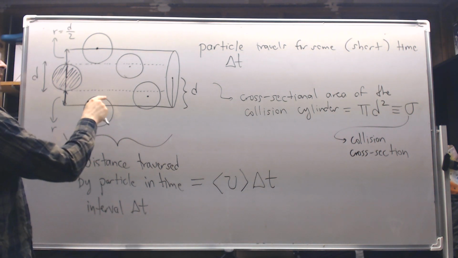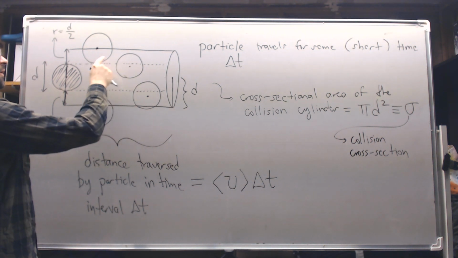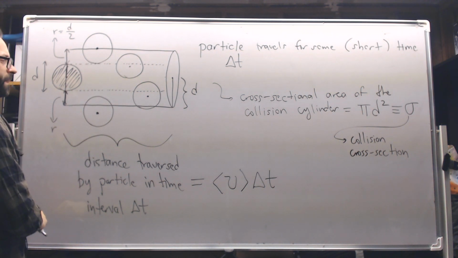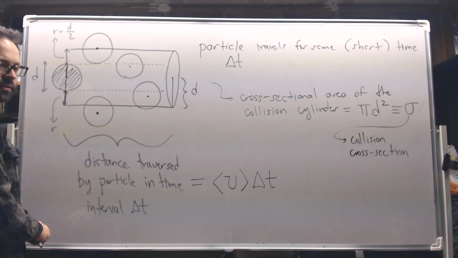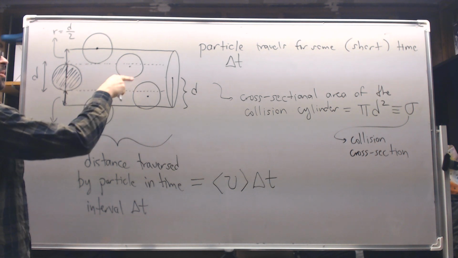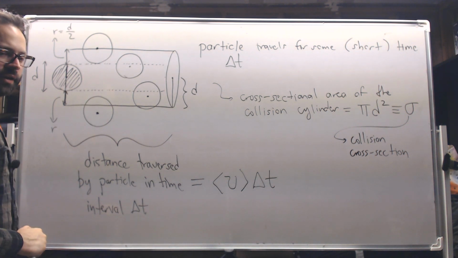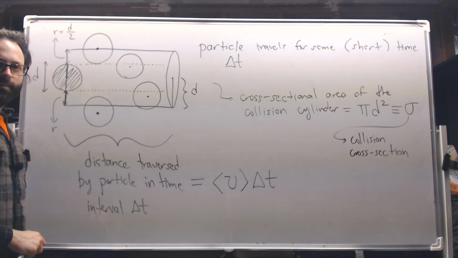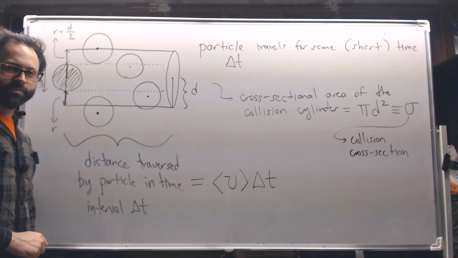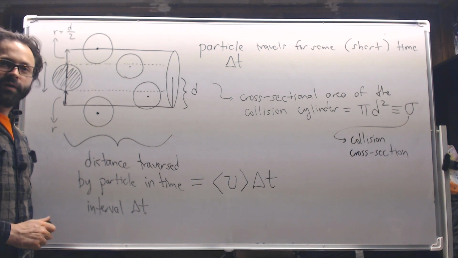Well, we know that if the molecular center falls in the cylinder, the molecule will collide. And so the question is, how many particles do we expect to find in the cylinder?